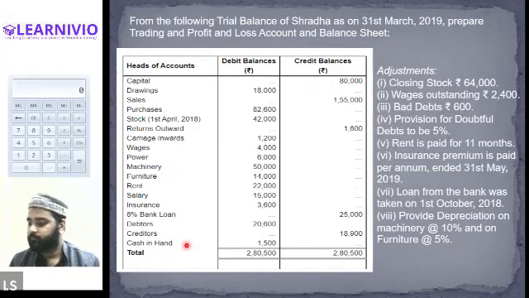Generally, journal entries for all the items are not required. Journal entries will be required specifically for all the adjustment entries. You won't be asked in any examination to pass the journal entry of all the items given in the question. But journal entries will be asked for all the adjustment items.